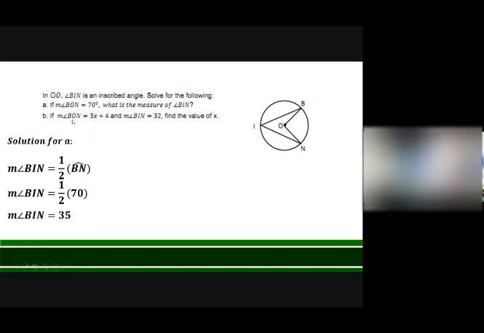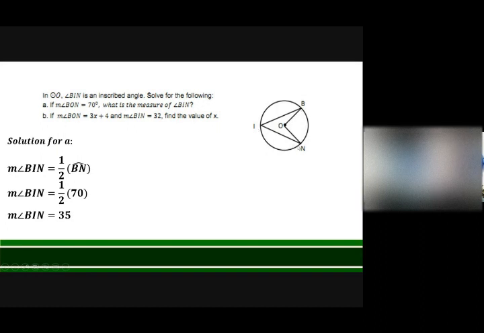Sabi rito, if BON is 3x plus 4 and angle BIN is 32, what will be the value of x? So, ibang problem naman to. Sabi rito, angle BON daw, yung central angle natin, the value is 3x plus 4.